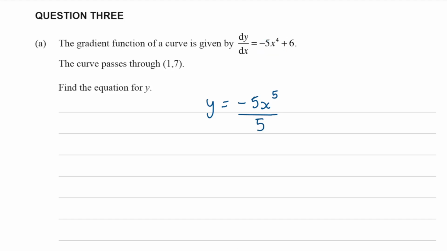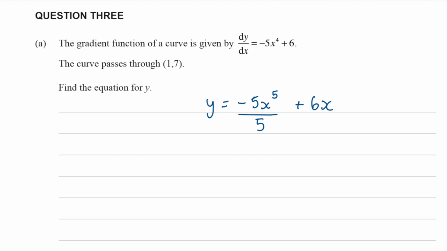Now the antiderivative of plus 6 is plus 6x. Again, the same rule applies, because actually there's an x to the power of 0 there, which is just 1. So we would write 6x to the power of 0, but we add 1 and then divide by 1, which gives us 6x.